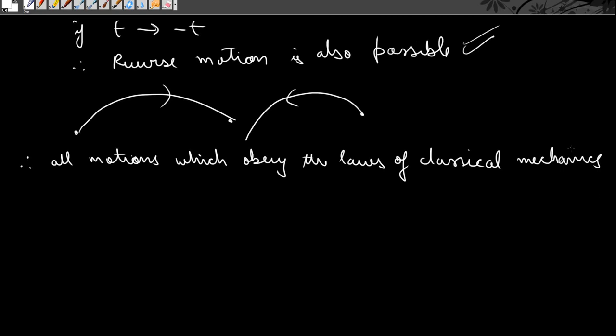That is the meaning. So classical mechanics is reversible. Okay, so the reverse motion is also possible if we reverse the time.